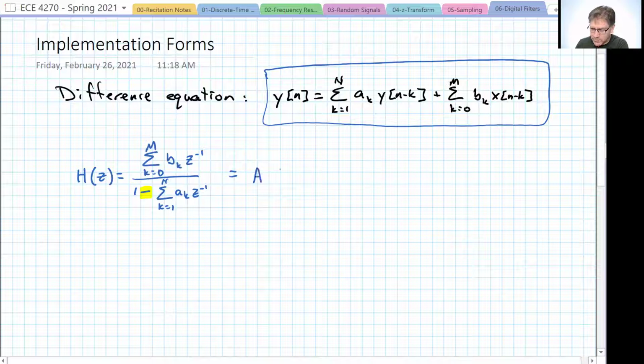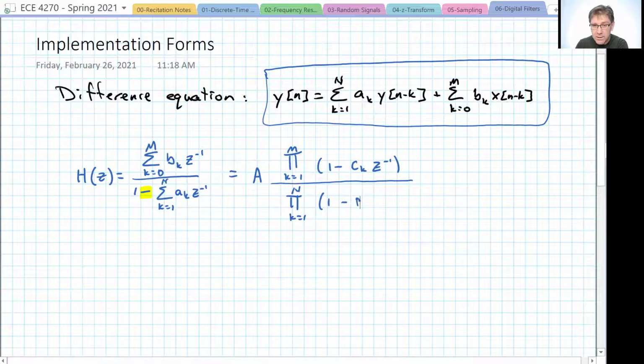One of them, for example, would be to simply factor this into our poles and zeros. And here we would get 1 minus c_k z to the negative 1, and 1 minus d_k z to the negative 1.